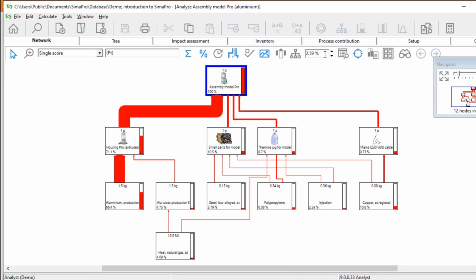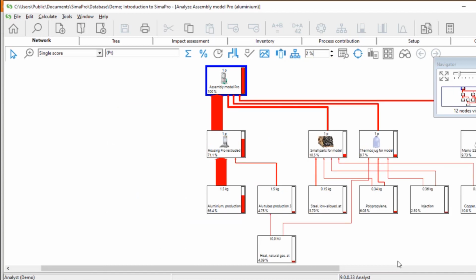So let's try with this one. For example, I want to see up to 2%. If I click here 2%, there are no options for 2%. That means 2.59% is the least amount of environmental burden we have in this system.